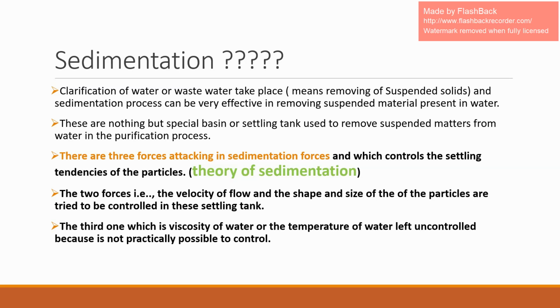Shape and size can be changed by adding some chemicals in a sedimentation tank, which will help settle down the impurities present in the water. The third one is viscosity. Viscosity, as you know, is directly proportional to temperature. It cannot be controlled very easily, and practically it is not possible to control it. So we leave it uncontrolled.